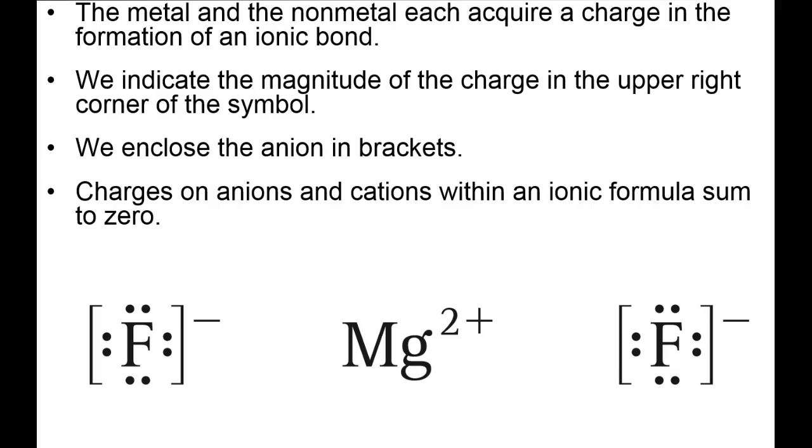When they're doing the Lewis structures, we usually put the brackets around it so that we make sure it's all included in that charge. Again, the charges on anions and cations have to sum to 0 when I put the compound together. So again, we're just going back through another way to confirm how we're going to get an ionic bond formed or a covalent bond formed.